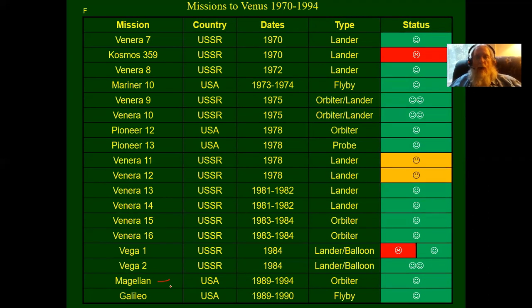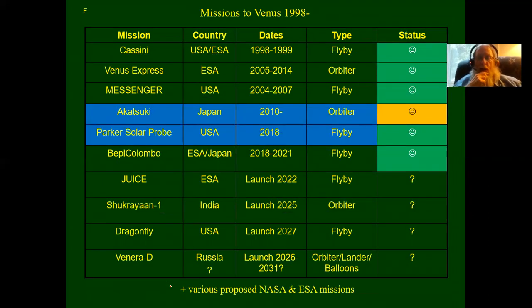In terms of what is going on and in the future, there's currently one orbiter orbiting Venus, a Japanese one called Akatsuki.